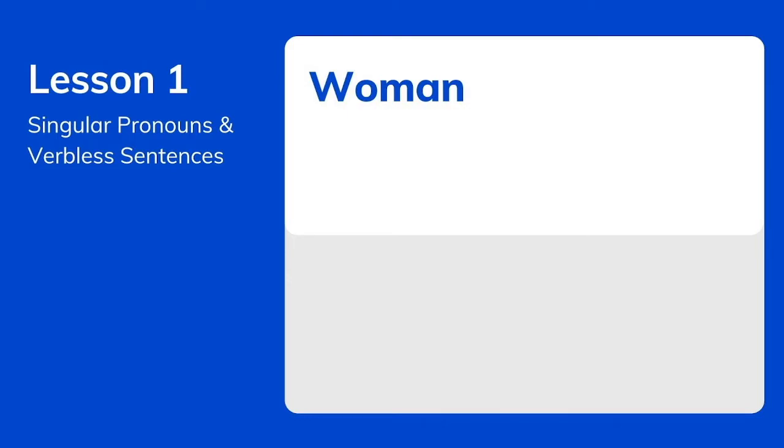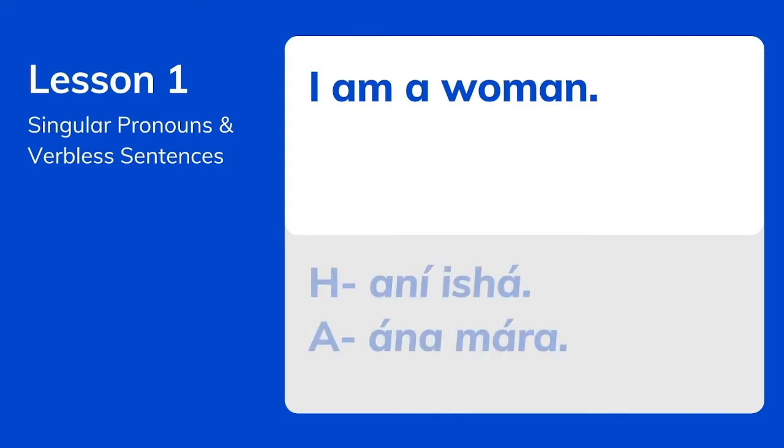Woman in Hebrew is isha, and in Palestinian Arabic, mara. And so I am a woman in Hebrew would be ani isha, and in Palestinian Arabic, ana mara.